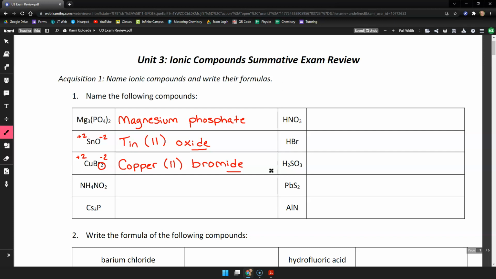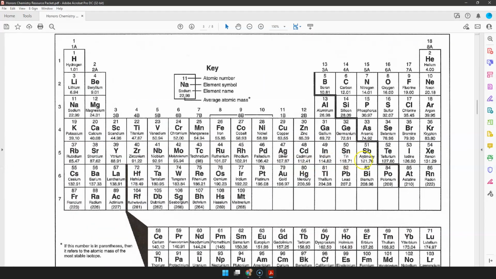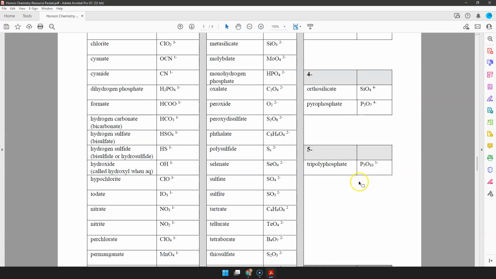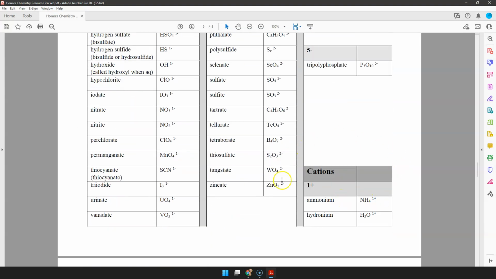Oh boy, number 4 looks like a mess. Let's look at what we've got here. NH4 is one of those weird things from the table. We only have 2 of these. If you look on your table, in the lower right-hand corner, we have polyatomic cations. NH4 is ammonium.